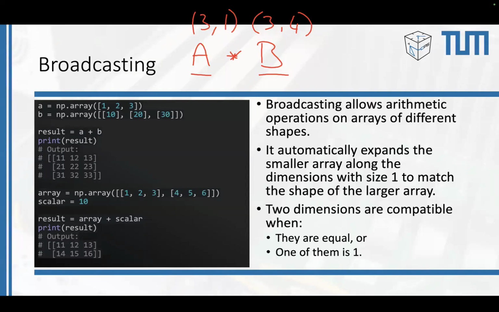The first matrix will be the 3, 4. The column will copy maybe. Exactly. So basically, it's the same that is happening also with the scalars. You are broadcasting this column into these 4 columns, right?